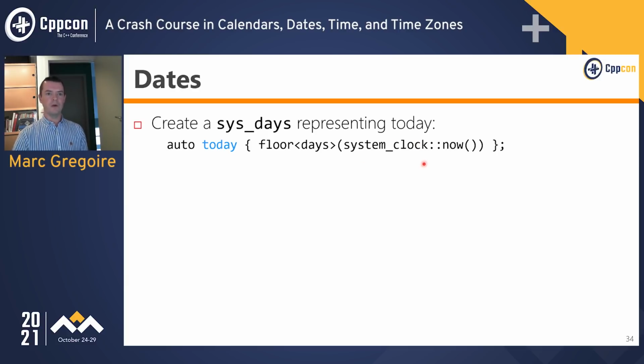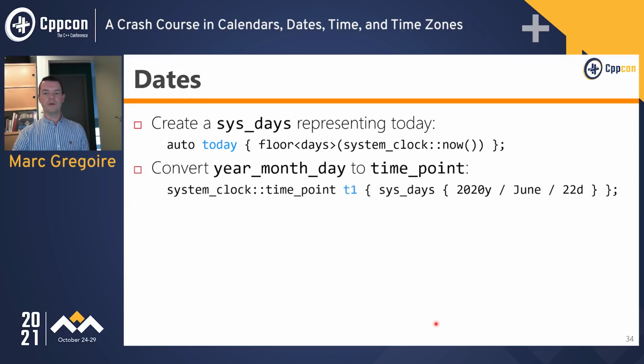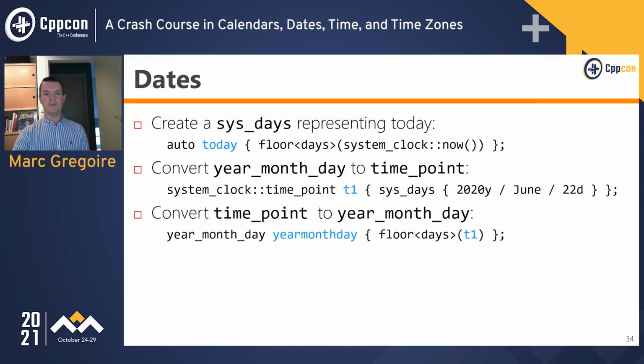Let's have a look at how you can use these. Here I'm using the now member of the system clock to get the current time, and I'm using floor to truncate the current time to a precision of days, and I'm storing that in today. You can convert a year, month, day to a time point. So here 2020, June 22 represents a year, month, day, and I'm converting this to a time point, storing it in T1.